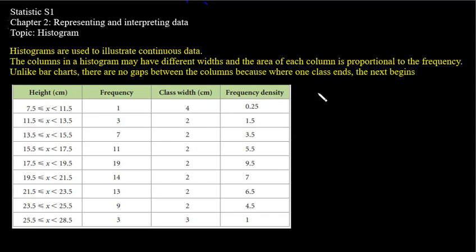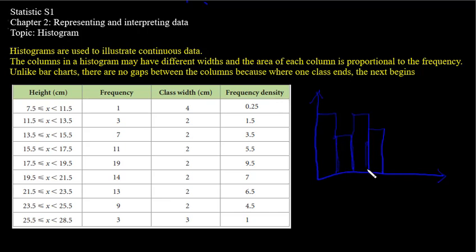This is the overall shape of a histogram. There are two axes. First, we have the columns, which are all next to each other with no gap in between.